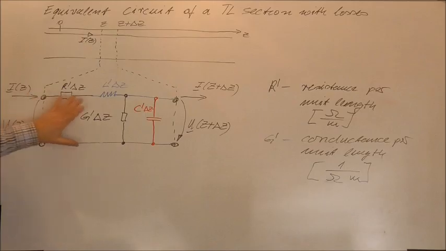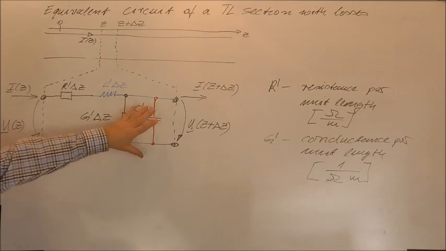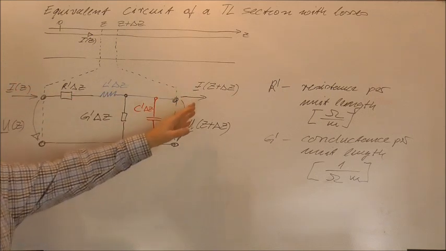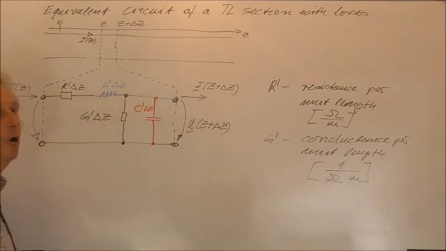Now we have in principle the equivalent circuit for a small section of the transmission line, and now we can try to set up the equations which relate the currents and the voltages.